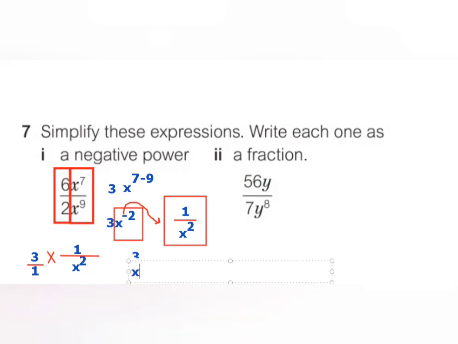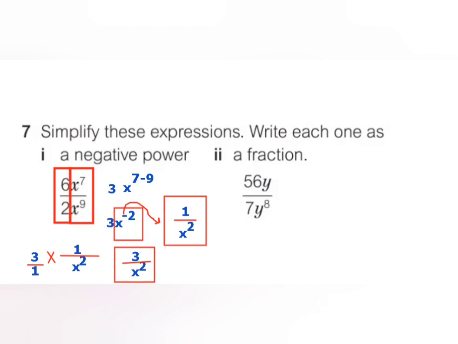So the answer will be x squared, or x power of 2, like this. And then we put a fraction line to show that this is a fraction. And this is the final answer as a fraction. So as we said, we showed the steps to put the answer in a negative power answer, and then we turned it into a fractional answer.